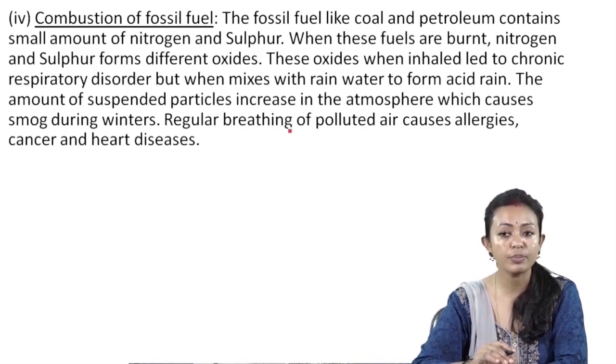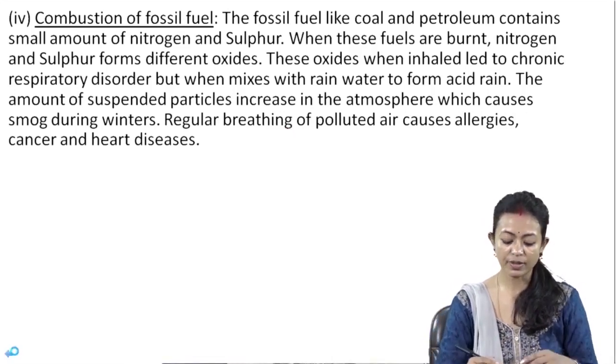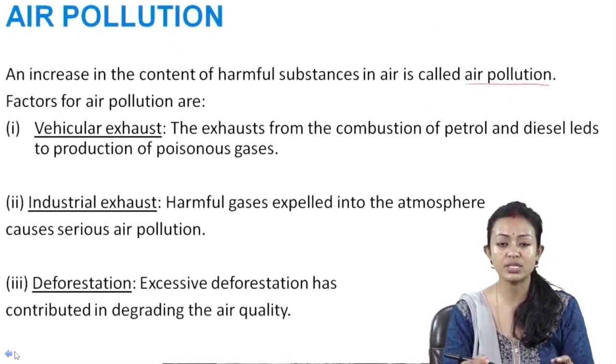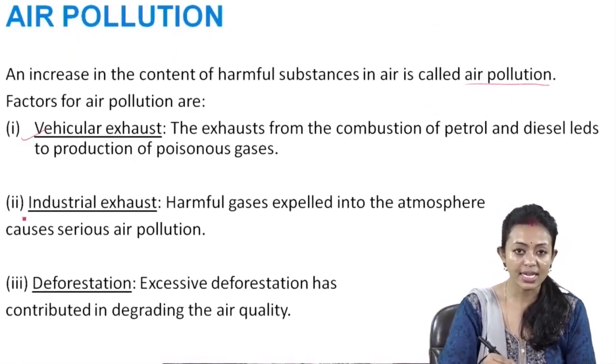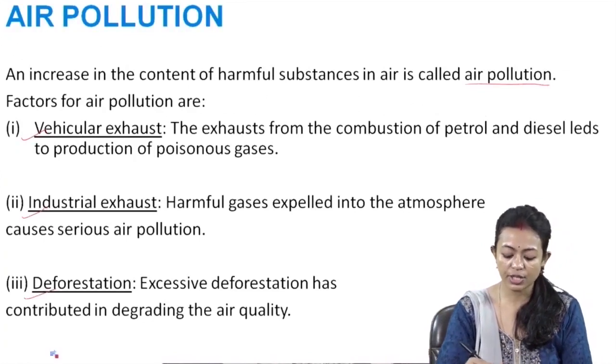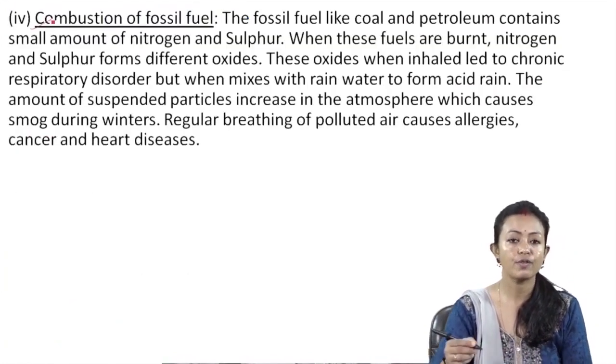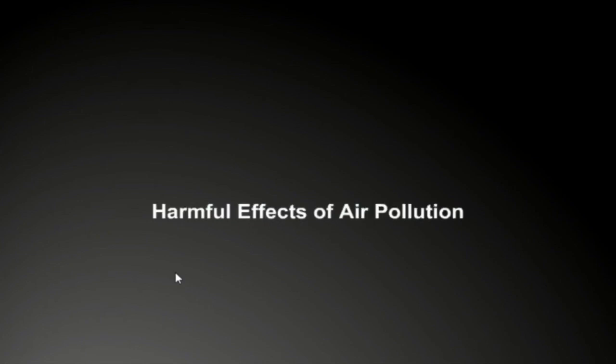Smoke is very harmful because it contains lots of pollutants which harm our health. I hope this is clear. You have learned the four important reasons why air pollution is caused: vehicular exhaust, industrial exhaust, deforestation, and the combustion of fossil fuels. The harmful effects of air pollution.